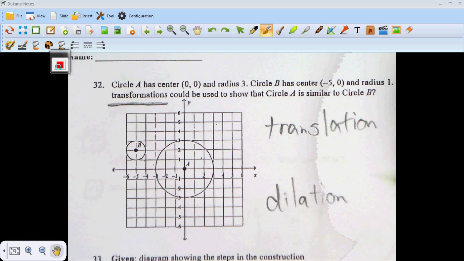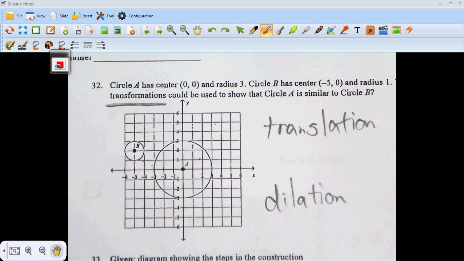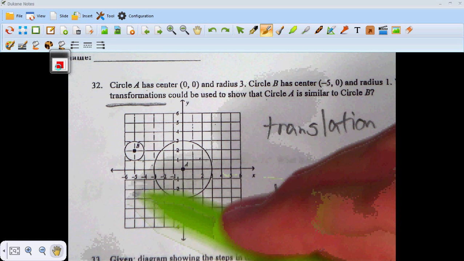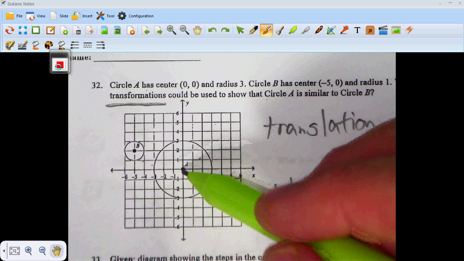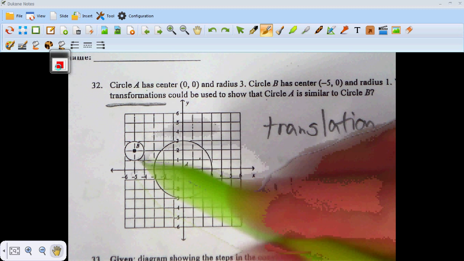Getting smaller or bigger, depending on the scale factor. So the center of circle A is at the origin. What did I need to do to move from point A to point B?